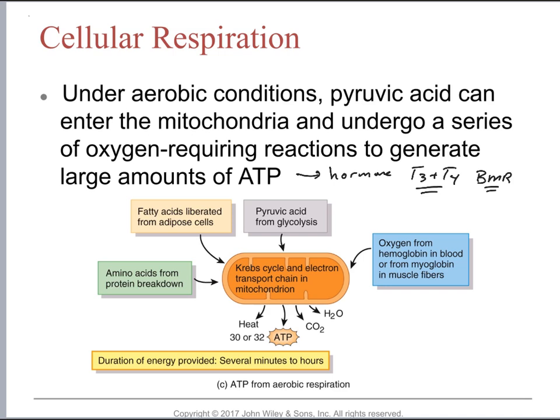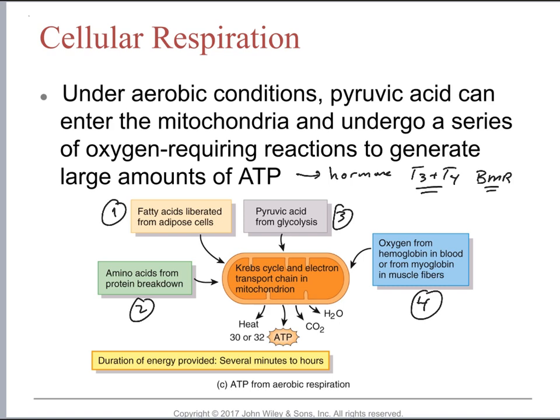So let's look at the process. Fatty acids are going to be liberated from adipose cells. This is called free fatty acids. We're going to see amino acids from protein breakdown, pyruvic acid from glycolysis, and oxygen from hemoglobin in blood or from myoglobin in muscle fibers is going to run the Krebs cycle and electron transport chain in the mitochondria.